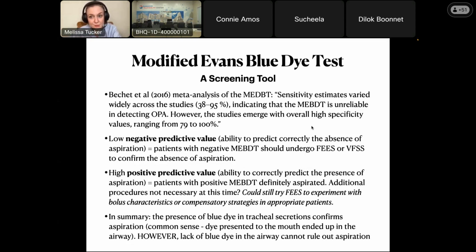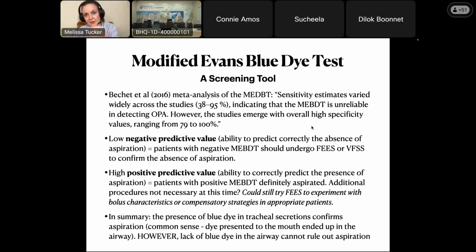If they do have return of dye in their tracheal secretions, like they failed the test, I would probably wait a few days and try it again, or wait until they've had a change in their clinical status. So they're more alert, or they're breathing better, or their cough strength seems to have improved, some factor like that. And then I might try it again.